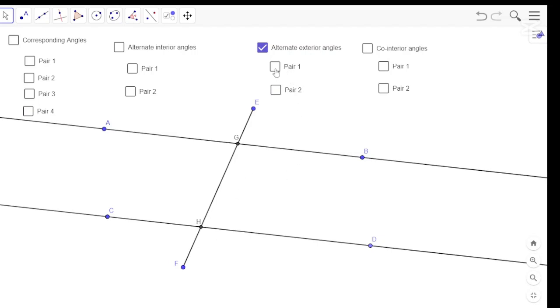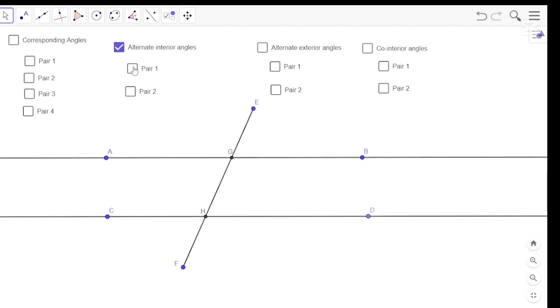So let's look at pair 1. We see that angle BGE is congruent to angle CHF. So we can see that this angle is congruent to this angle.